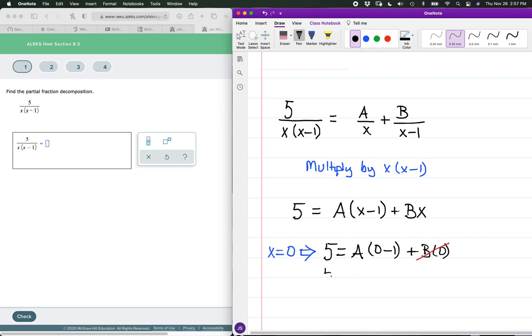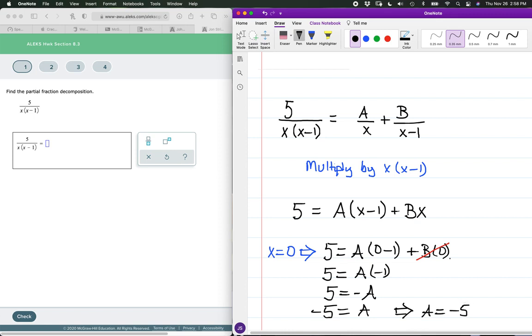We have that 5 is equal to A times negative 1. So 5 is equal to negative A, and changing the sign at both ends, negative 5 is equal to A. So A has the value of negative 5.